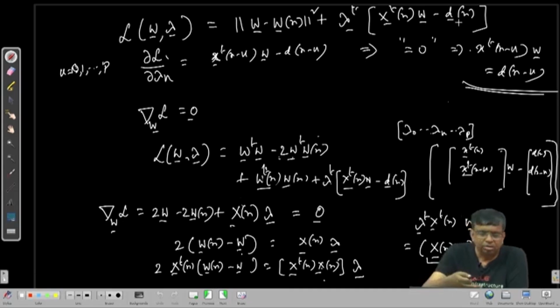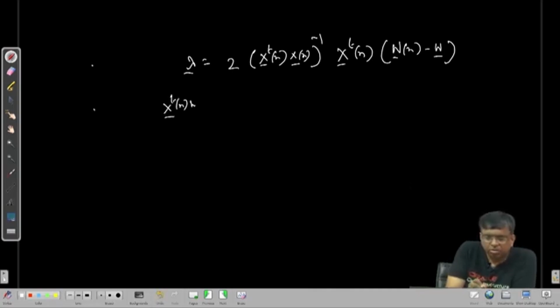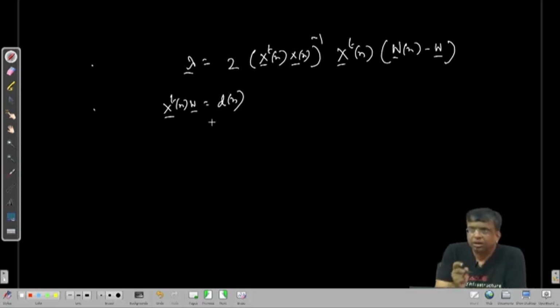If I take all these partial derivatives and put them in a stack, we have discussed this at length earlier, this constraint will be satisfied, it will be X transpose n w equal to d n. All right.